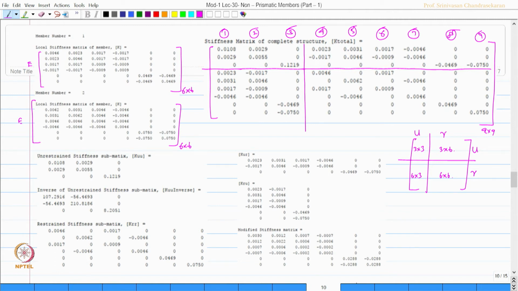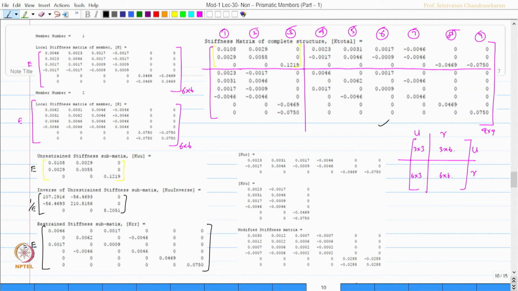So, this can be entertained. Now, from this we plucked out KUU, you can see here we have plucked out this sub matrix, which is here. Then found the inverse of that. So, this will have E multiplier, so this will have 1 by E. Then we found out KRR, which is this matrix, which is here, with an E multiplier.